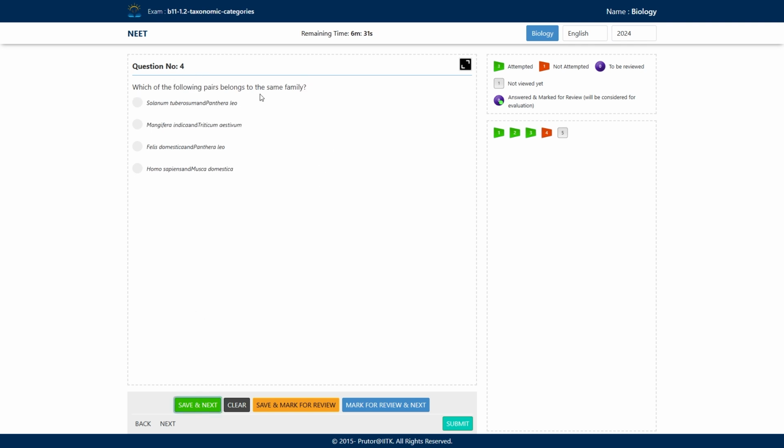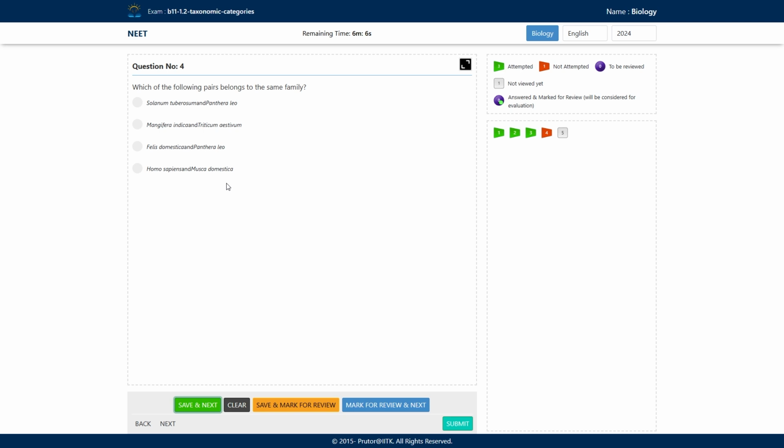Now, which of the following pairs belong to the same family? What are the options? A is Solanum tuberosum and Panthera leo. B is Mangifera indica and Triticum aestivum. C is Felis domestica and Panthera leo. And option D is Homo sapiens and Musca domestica.